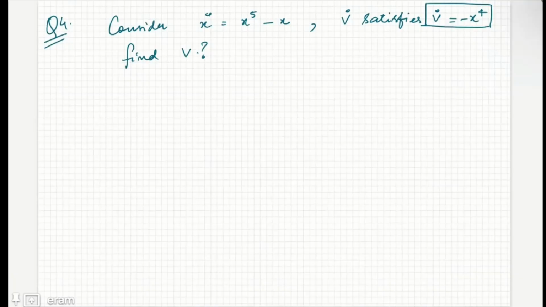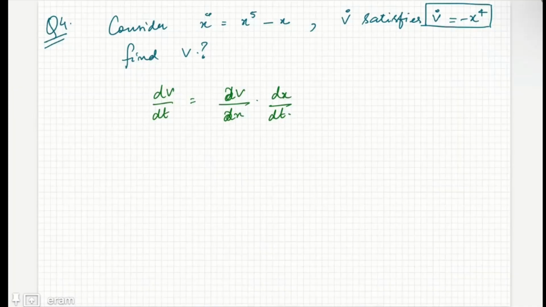Alright, now since we are given dv by dt, which we know that we evaluate as a quantity.